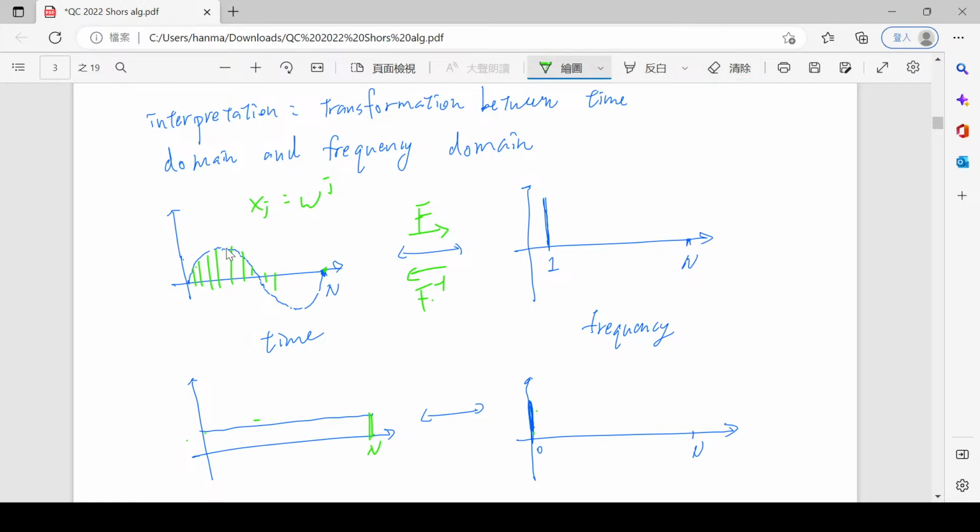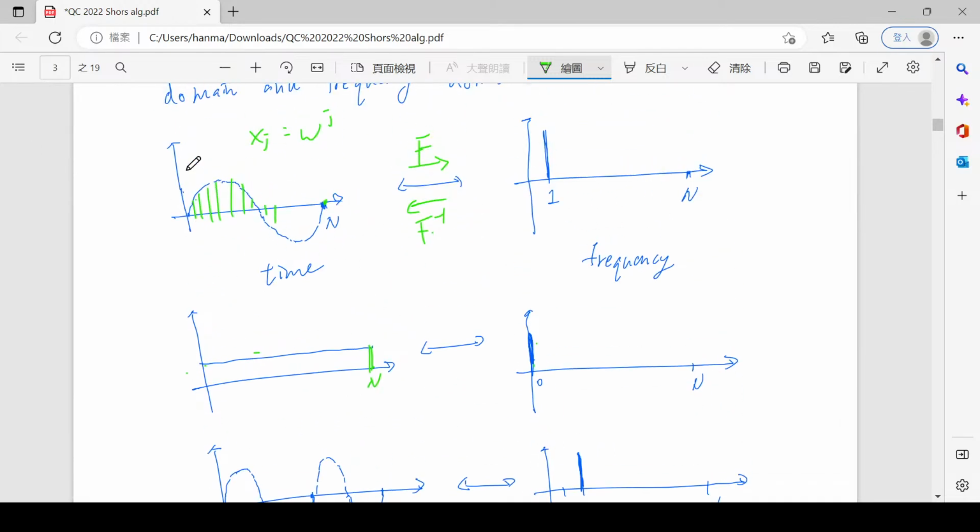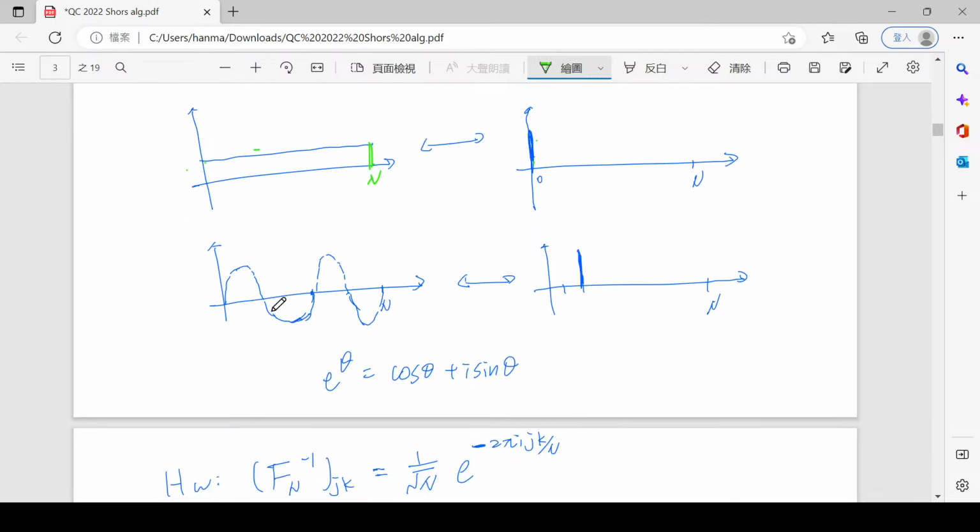But we are drawing with sine because complex functions are hard to draw. Anyway, if you have frequency 1 and do the Fourier transform, it should become frequency 1. And then if you have frequency 2 and do the Fourier transform, it should become a vector concentrated on frequency 2.